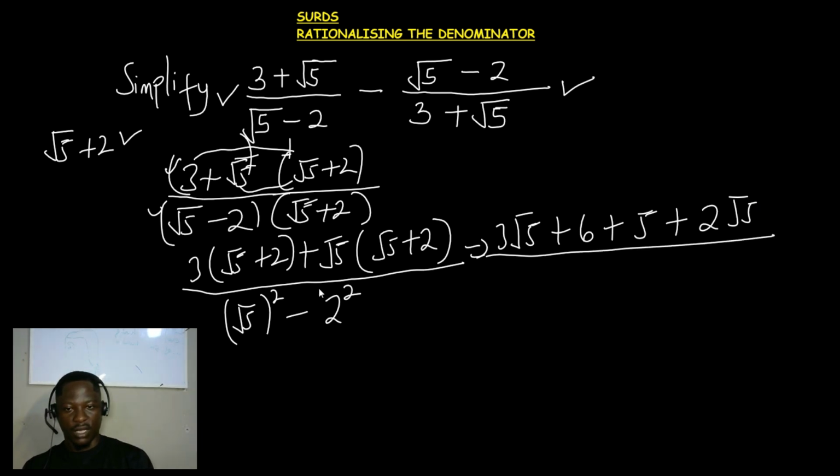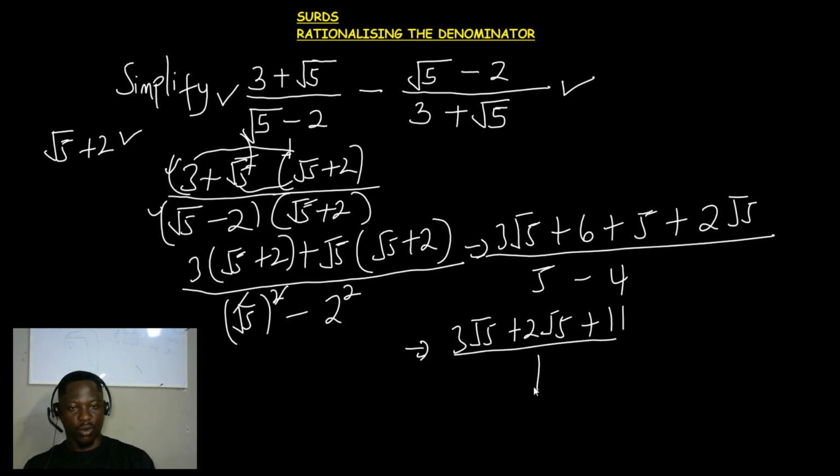In the denominator, the 2 cancels the 5, and you have 5 minus 2 squared, which is 4, so 5 minus 4 is 1. 3 root 5 and 2 root 5 are like terms, so let's group them together: 3 root 5 plus 2 root 5, plus 6 plus 5 is 11, all over 1. So when we rationalize this one, we got 3 root 5 plus 2 root 5 plus 11.